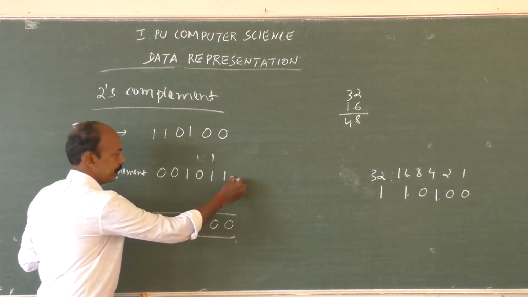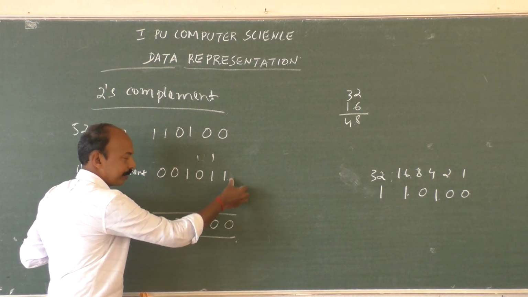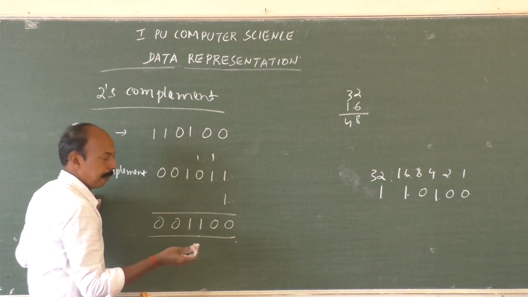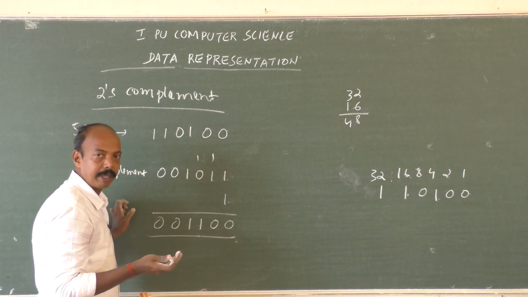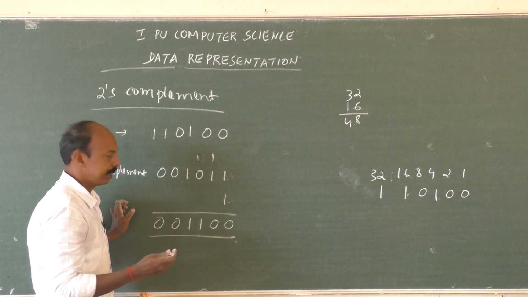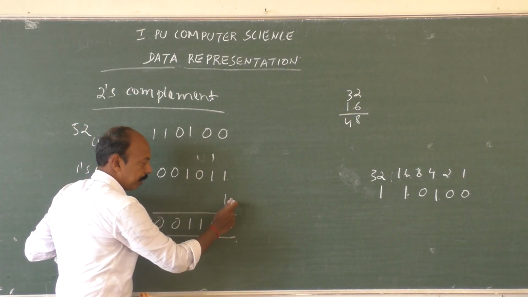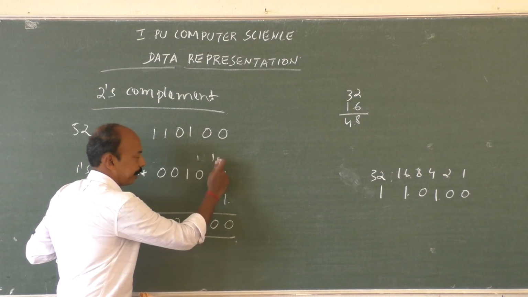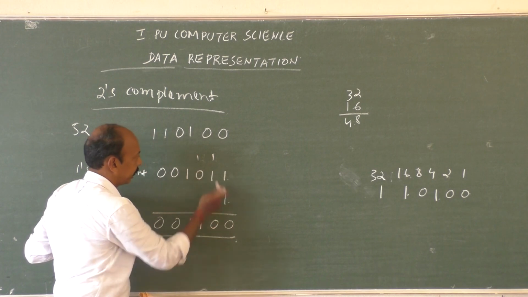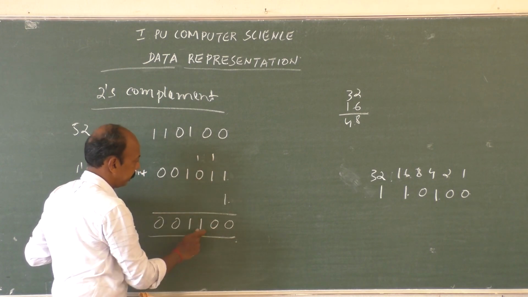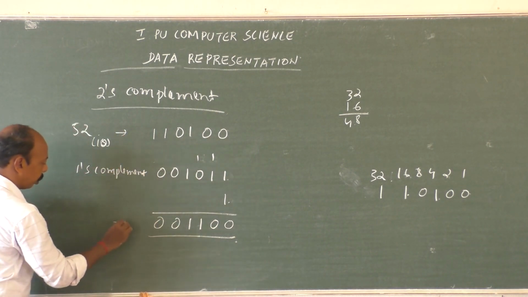Of course, we are going to have that concept next: binary arithmetic, with binary addition, binary subtraction, etc. For the time being, just remember 1 and 1 will be 0 with the carry 1. That carry 1 and 1 again is 0 with the carry 1. That 1 is written here, this 1 is already there, then write this. So this will be the 2's complement.